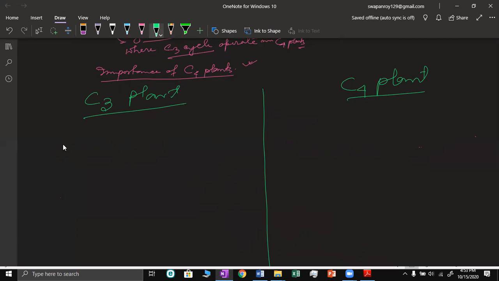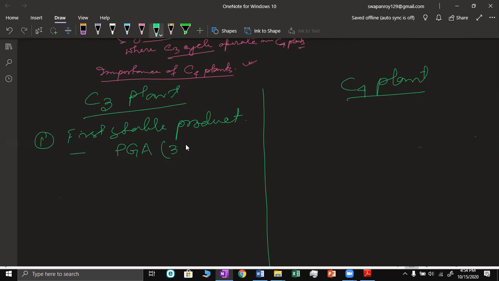If we go to the first stable product, in C3 the first stable product is PGA, phosphoglyceric acid.